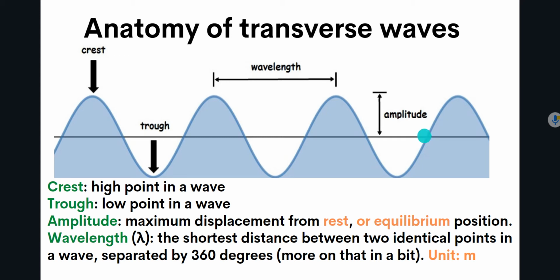A good definition might be for wavelength that it needs to incorporate an entire crest and an entire trough. So here's an entire crest, and here's an entire trough. Again, over here, this is half a crest from this position to here. We have an entire trough, but then we have another half a crest here. So 2 half crests and 1 trough makes an entire crest and an entire trough.